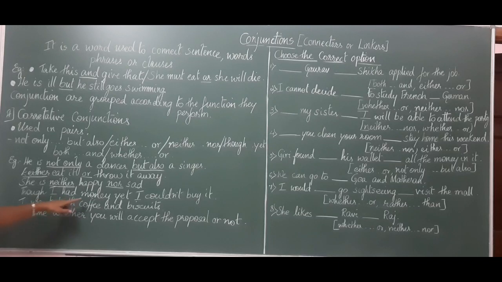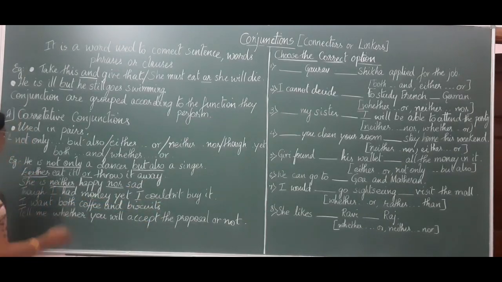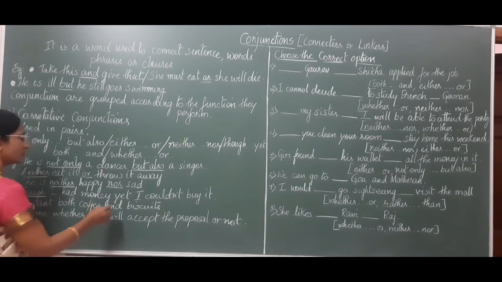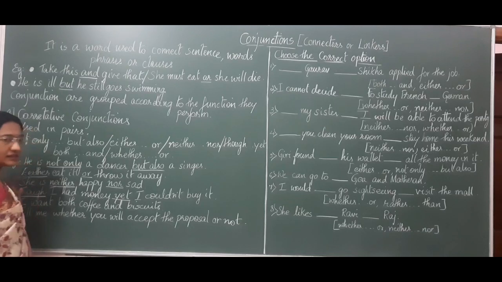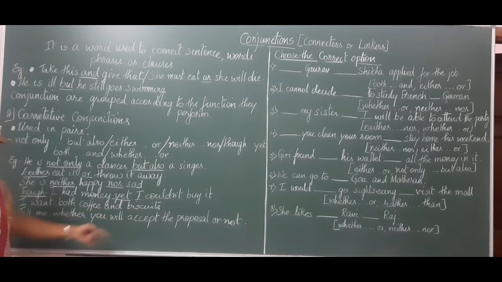Though I had money, yet I couldn't buy it. So, you see the connecting word though as well as yet. They are pair conjunctions. They go together in a sentence. I want both coffee and biscuits.